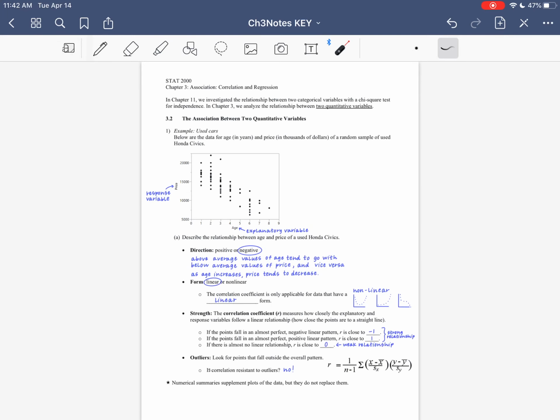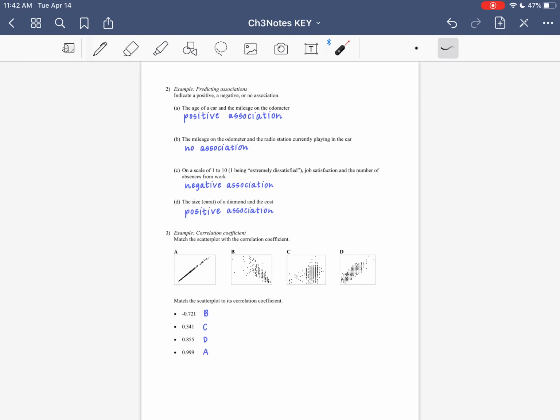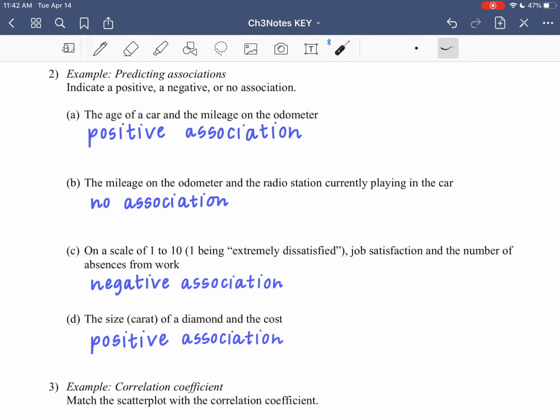The next two are just examples practicing predicting what type of association there would be. In number 2, there are 4 examples where I give you 2 variables in context, and I want you to think about whether there's a positive relationship, a negative relationship, or no relationship.